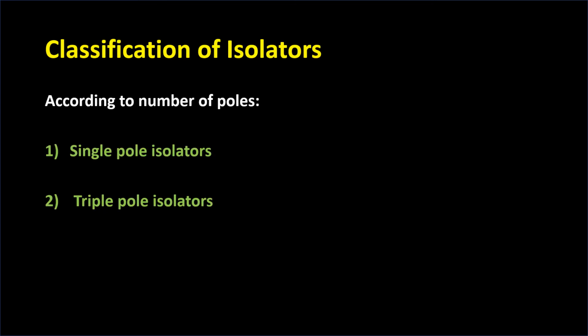This no load switch is classified into different groups. This classification is based on number of poles, location of equipment, and operation of contact breaking. Let's go through one by one. According to number of poles, it is classified as single pole isolator and triple pole isolator.